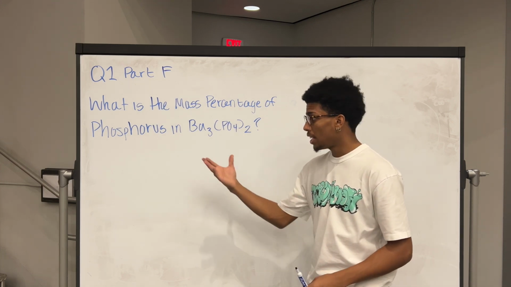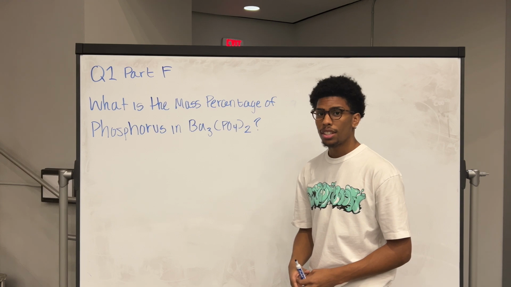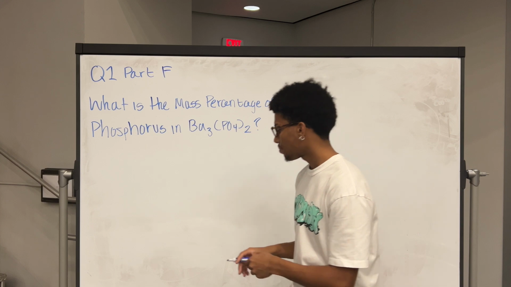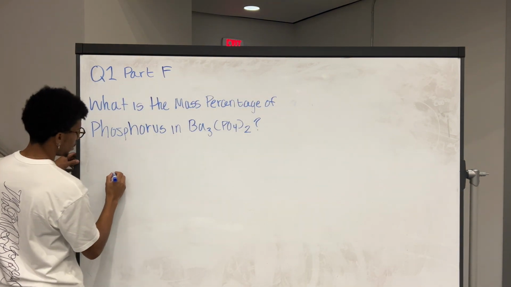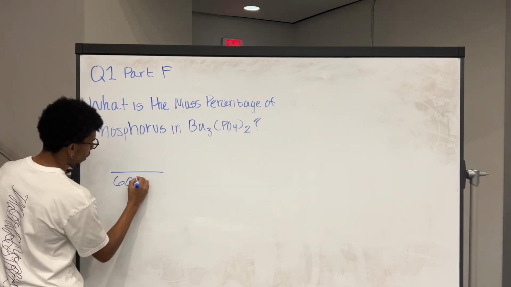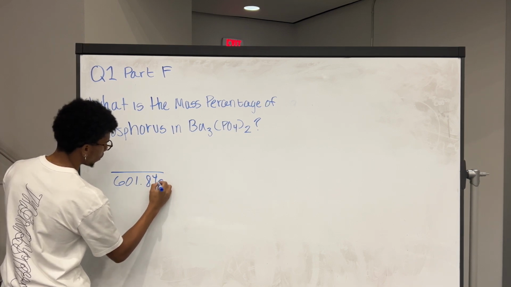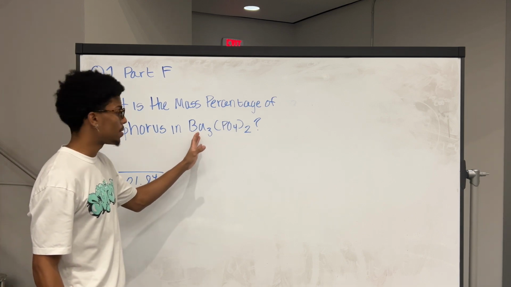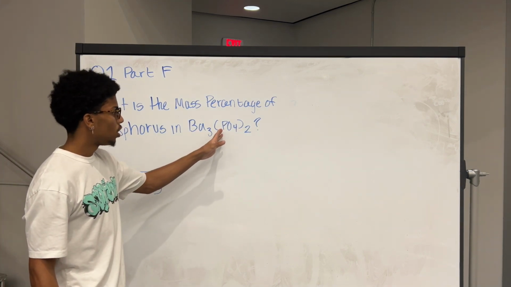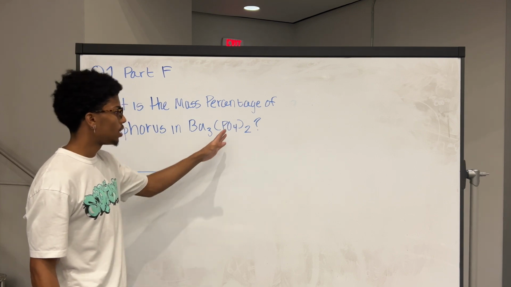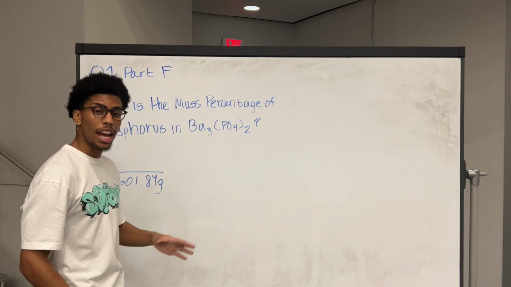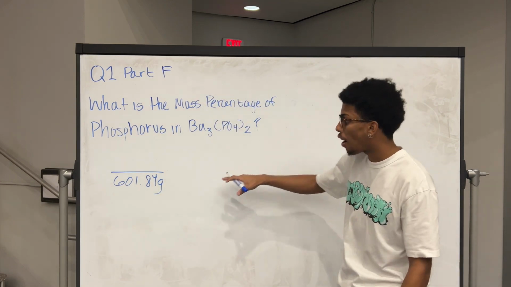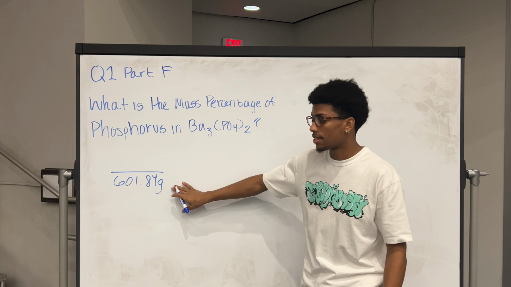The mass of the entire compound is just the molar mass, and we solved that previously. Remember, that was 601.84 grams. To solve for that, you do 3 times the mass of barium, 2 times the mass of phosphorus, 8 times the mass of oxygen, and add them together. Please again refer to question 1 if you do not understand how to solve for molar mass.